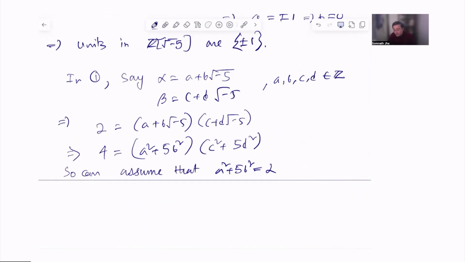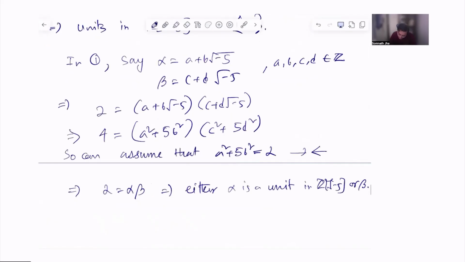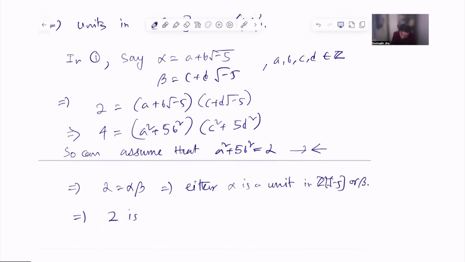If b is non-zero, it's not possible. So b is 0 and a square equals 2. That's not possible. Okay, so this implies that if 2 equals alpha beta, then either alpha is a unit in Z root minus 5 or beta. So this implies that 2 is an irreducible in Z root minus 5.